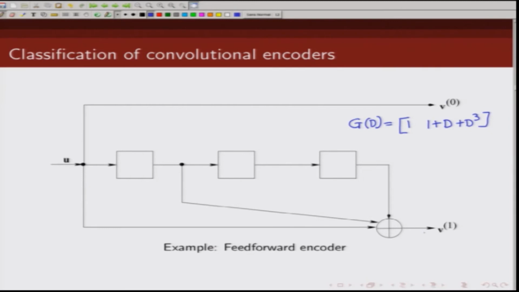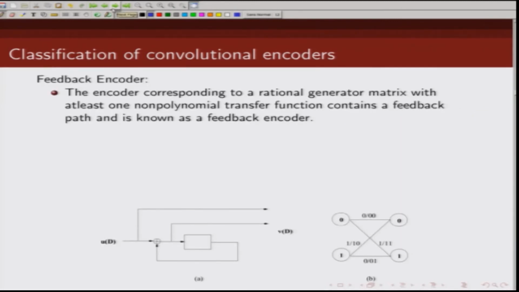Now, let us look at what we mean by feedback encoder. As opposed to a feed forward encoder, a feedback encoder has a rational generator matrix.